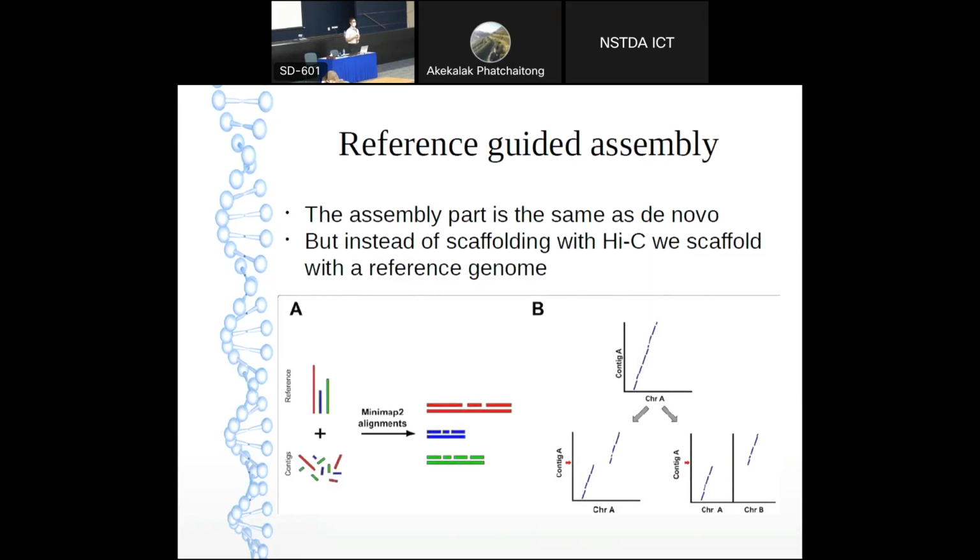It's when there's a reference genome that exists, but you want to sequence a different individual than what that reference was. So we have contigs, we have the published reference genome, we can then align the contigs against the reference genome and produce a scaffold of these contigs.